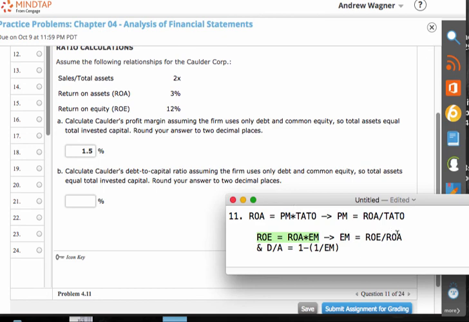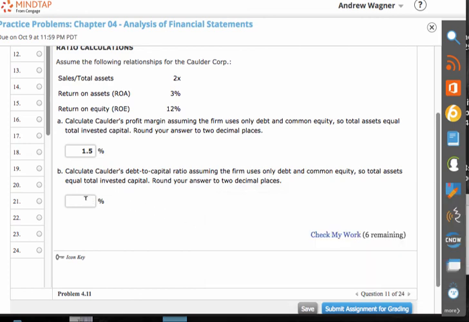Rearranging that, we get the multiplier as return on equity over return on assets. Then to solve for the debt ratio, you just have to recognize that the equity multiplier is defined as 1 over 1 minus the debt ratio. Solving that for the debt ratio, you end up with 1 minus 1 over the equity multiplier. So that's 12 over 3 is 4. 1 over 4 is a quarter, 0.25. 1 minus 0.25 is 0.75, so that's 75%.